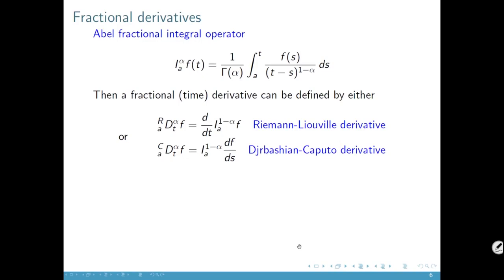And then in order to build a fractional derivative, and it will be a fractional time derivative in this talk, one can choose to either apply the integer time derivative after doing this fractional integration. So then this 1 and this single d by dt cancels out, and it will be, so to speak, an inverse to the minus alpha integration, which is then alpha plus differentiation.